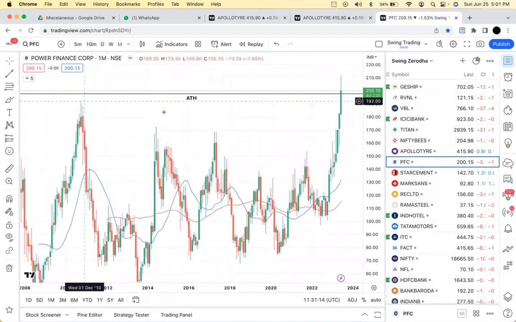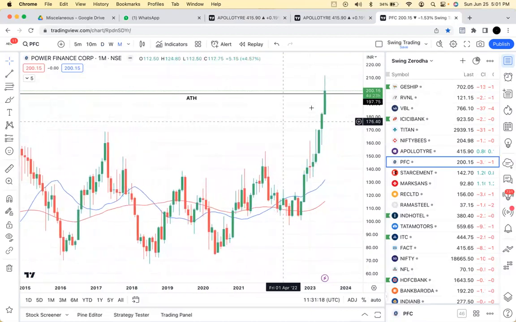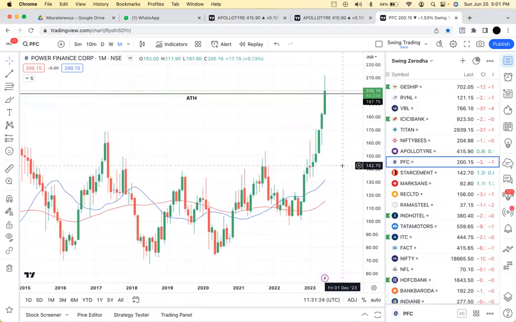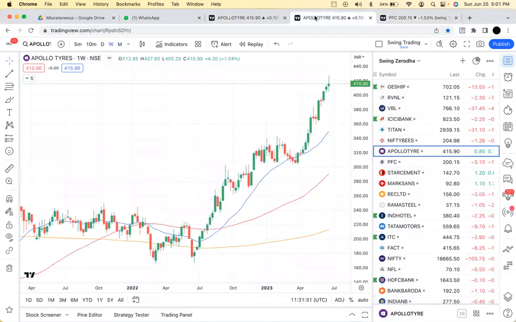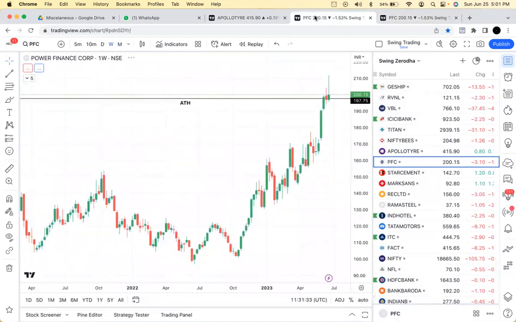Last time it just came through, never really broke through it. But this time it broke through the all-time high, but facing resistance. Again, no 200-period moving average for the monthly, because that's like 15 or 16 years, and PFC has not been listed for that long.